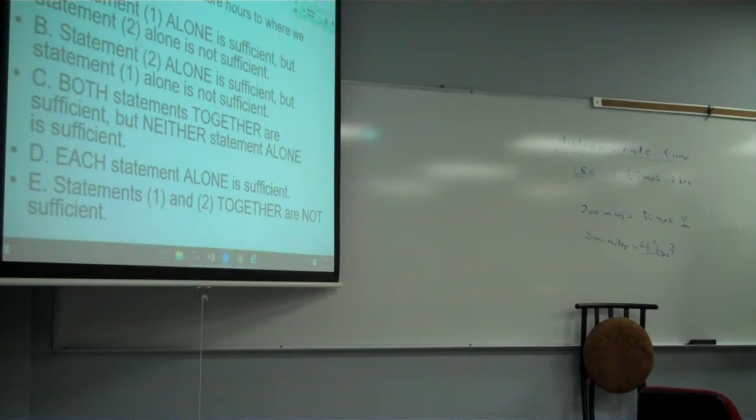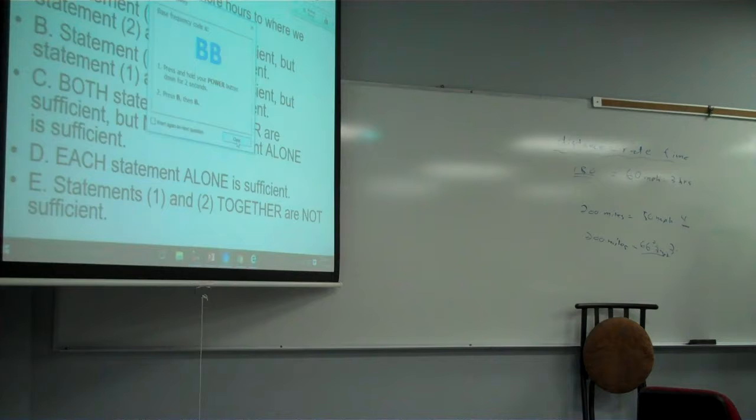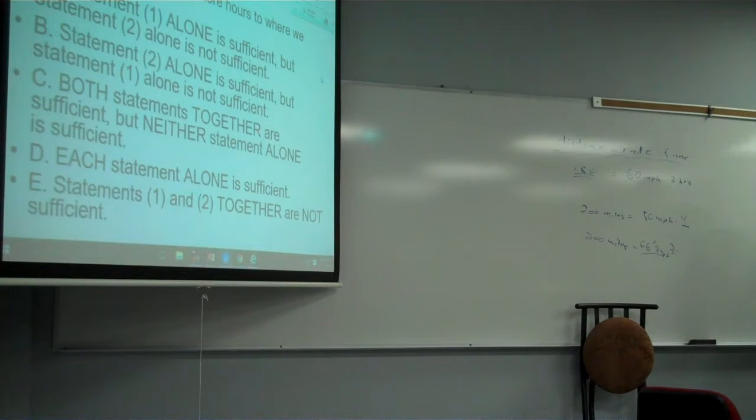And so our question then is, which of these A through E would be the appropriate response? You probably, as you turn on your clicker, need to be sure to get back to the BB frequency. Is statement 1 enough and statement 2 not enough to help us finish the problem? Is statement 2 enough, but 1's not enough to finish it?